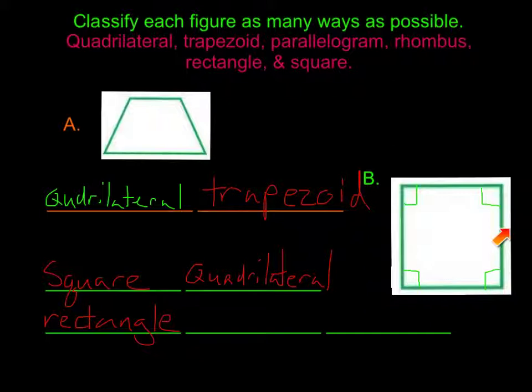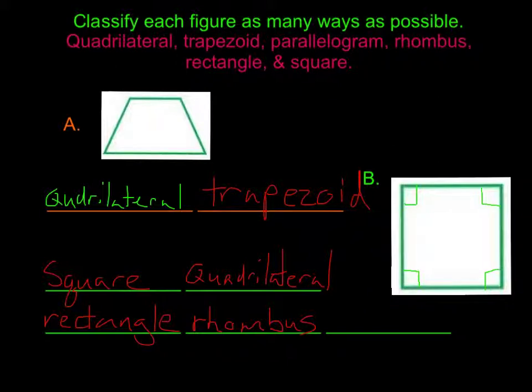Oh, and sides that are congruent, so sides that are the same length. Okay, all our sides are the same length and it has 2 sets of parallel sides, so we can call it a rhombus. So we can call it a rhombus also.